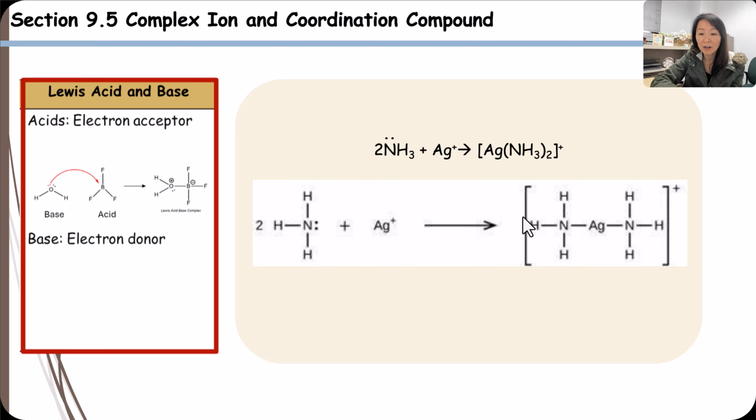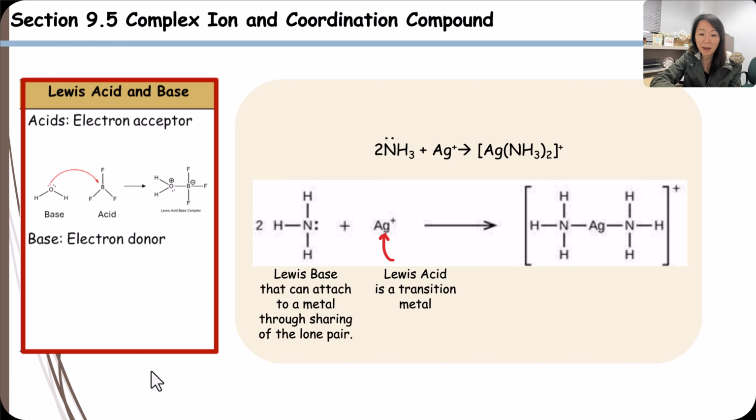Now there is a sharing of electrons. So this transition metal is acting as a Lewis acid because it's accepting the electrons, whereas the ammonia donates its electrons, so we can consider the ammonia a Lewis base, because it can attach to the metal by donating its electrons.